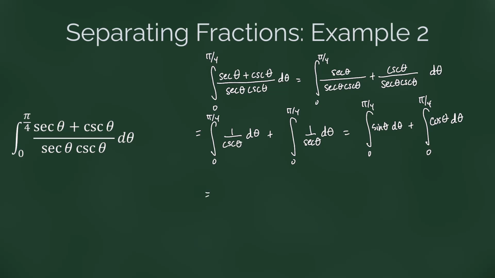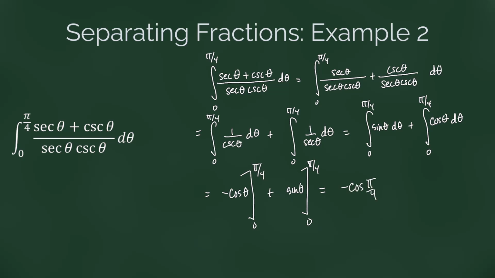Those are both known integrals for us. We know the antiderivative of each of those. So we get negative cosine of theta from 0 to pi over 4, and then we get positive sine of theta from 0 to pi over 4.